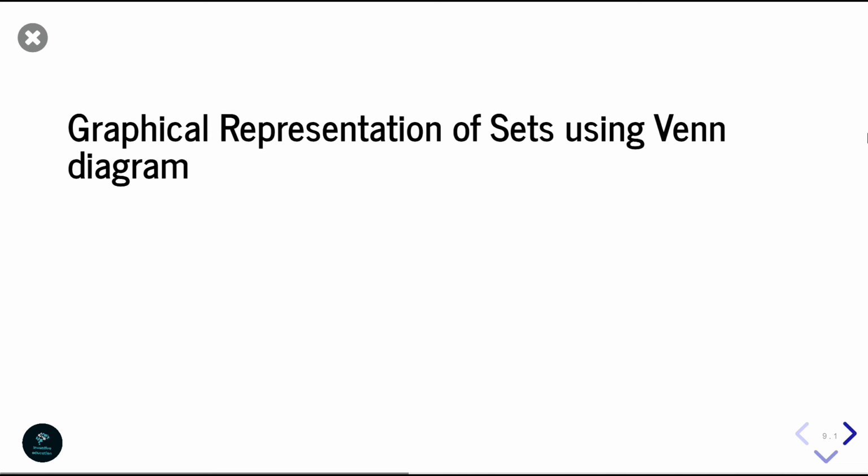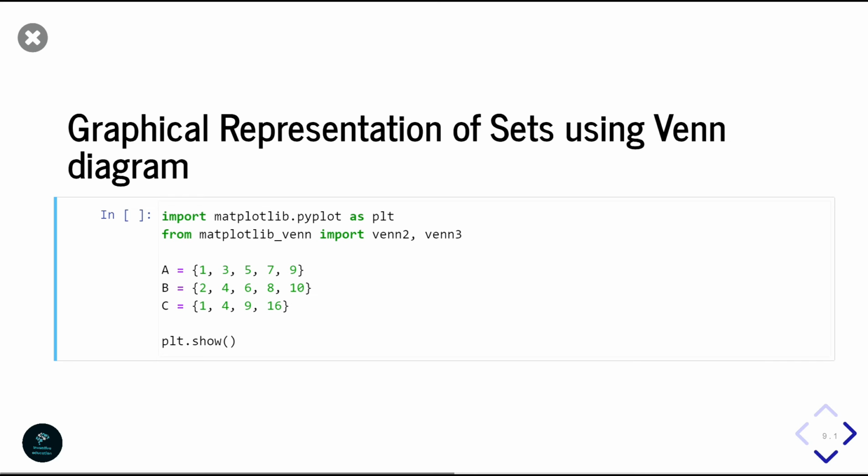Python can also be used to graphically represent sets using Venn diagrams. For graphical representation, we need two packages, matplotlib and matplotlib_venn. Now suppose that we have a set A having elements 1, 3, 5, 7 and 9 and set B having elements 2, 4, 6, 8 and 10 and set C having elements 1, 4, 9 and 16.